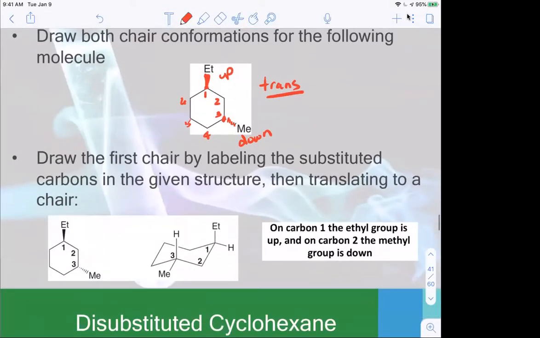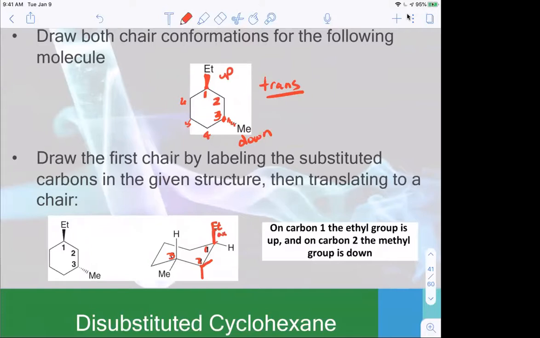So for the first chair, I'm just going to draw a chair, and then I'm going to label 1, 2, 3. And I have to line up this 1, 2, 3 up here so I know what I have. I'm going to put my ethyl up, which is on this carbon in an axial position. And then I go up, down, up, down, right?